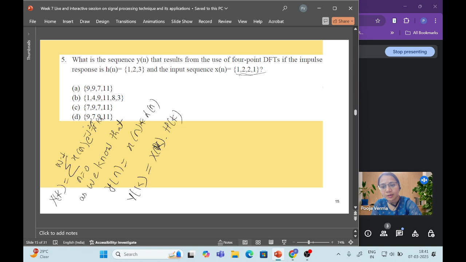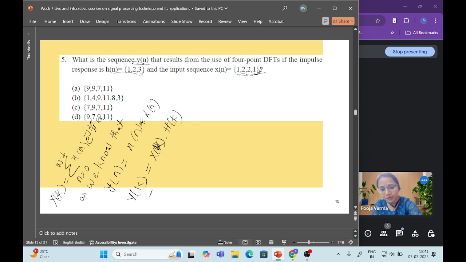So similarly here we will find h of k, the frequency domain representation of this signal, and x of k, the frequency domain representation of x of n. Then we will just multiply. Then again we have to take the inverse DFT because we need y of n. What will be the sequence of y of n? Okay, so already we know that. So first let's solve the problem. Here h of n is given. First we will solve for h of n. Okay, first we will find out the h of k.